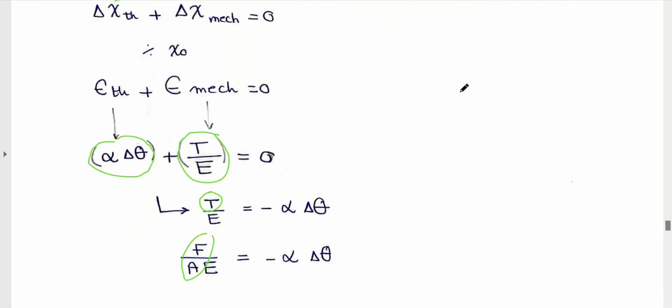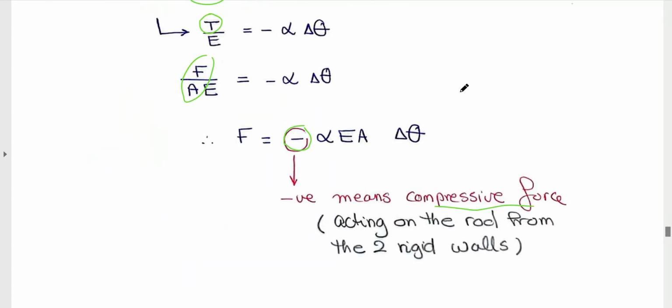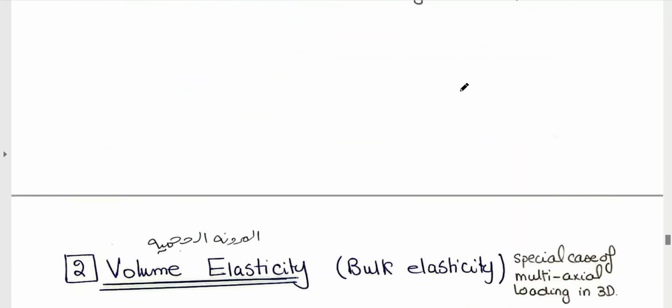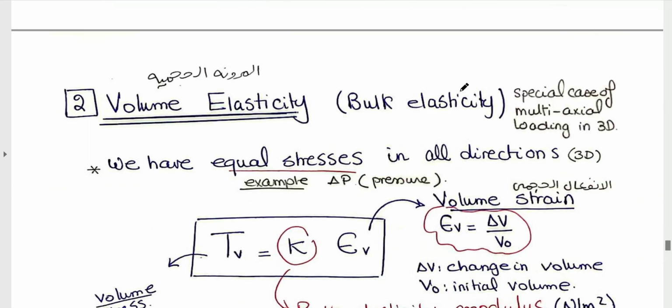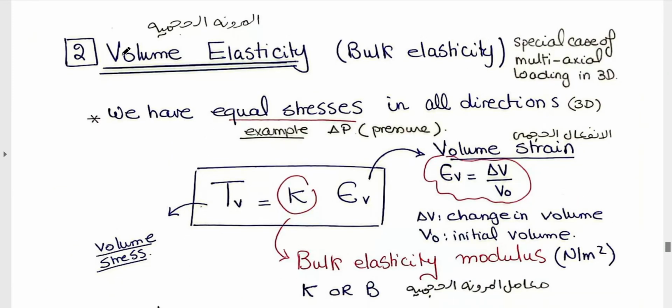Now we will discuss the other topic of elasticity, which is volume elasticity. We want to discuss what will happen in the volume or the bulk elasticity. This is a special case of multi-axial loading in 3D, under the condition that we have equal stresses in all directions.